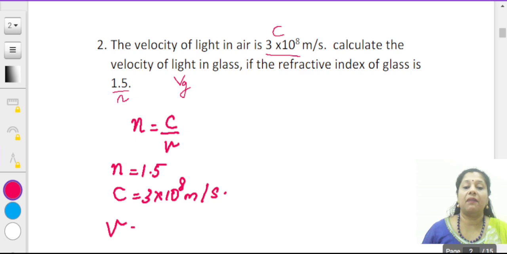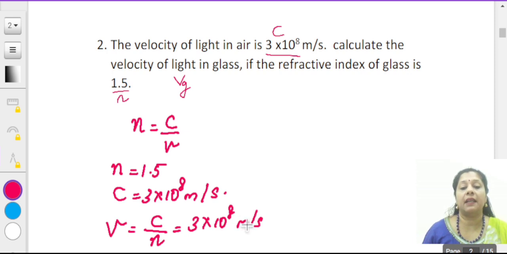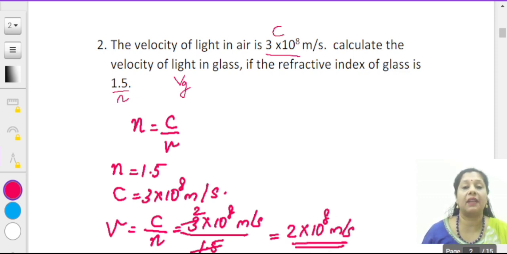So V can be found out by the formula C upon N, that is 3 into 10 raised to 8 meter per second upon 1.5. This we will get 2. So 2 into 10 raised to 8 meter per second is the velocity of light in glass.